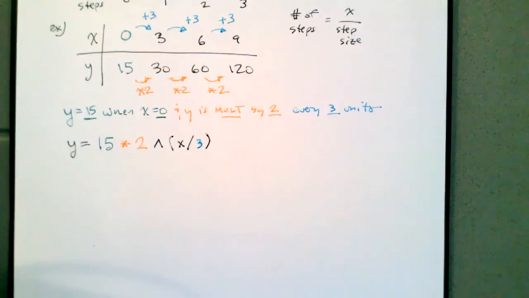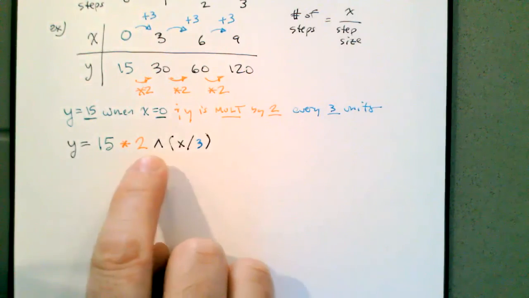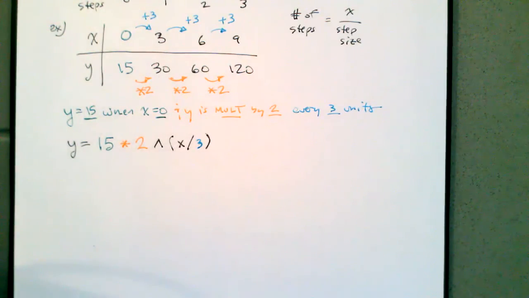I can't just divide the 2 by 3 because the operation in between is different. It's an exponent. Whereas the operation in between the 2 and the number of steps was multiplication in a linear function. So we're free to move the 3 around as much as we want. But here, I can't move that division across that exponent, not just by dividing anyway.